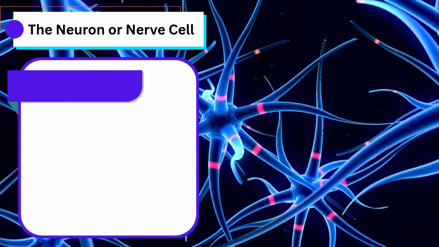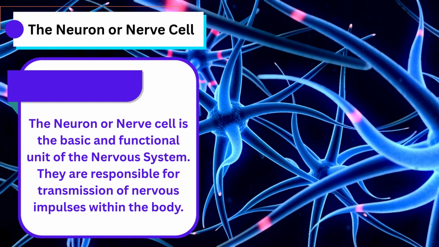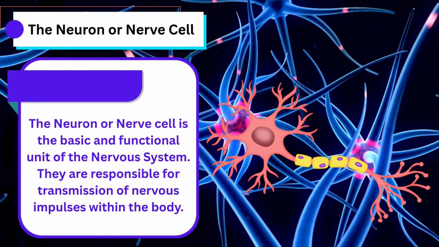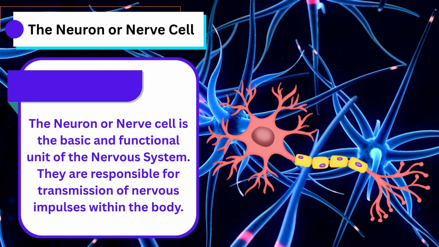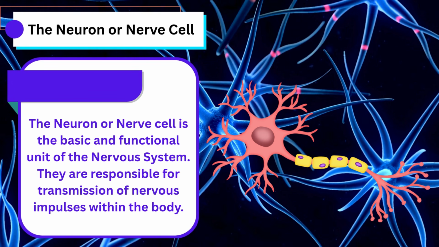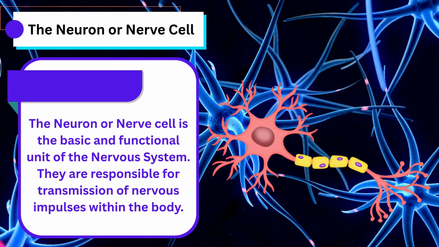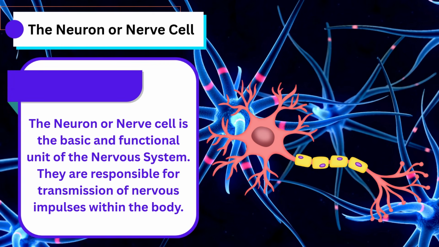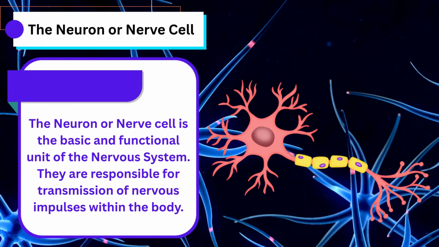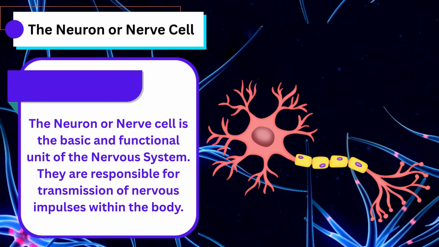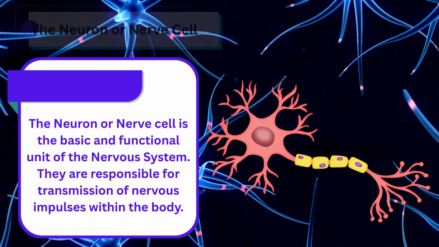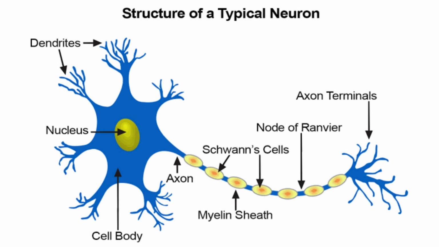The nerve cell or neuron is defined as the basic unit of the nervous system, which is responsible for the transmission of impulses within the body. The neuron is the structural and functional unit of the nervous system. They are found in the brain, the spinal cord, or the nerve fibers of animals, and they are responsible for receiving and transmitting impulses. Let's take a look at the structure of the neuron.